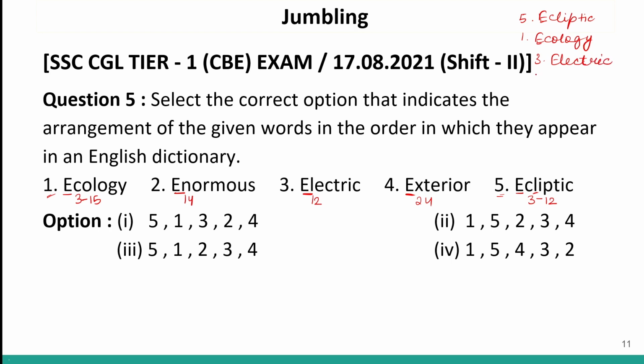Then the next word will be enormous. And the last word will be exterior. So the correct logic is 51324, and 51324 is given in option number 1. So option number 1 will be your correct answer. Clear?